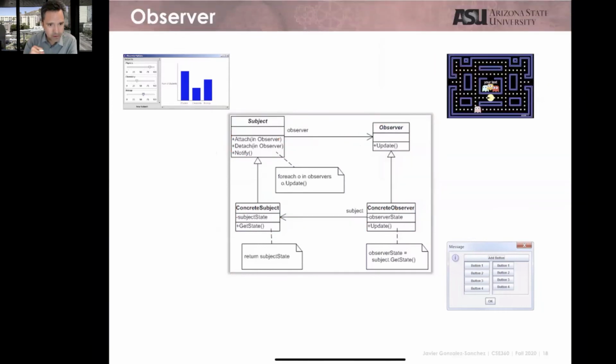How does that happen? Well, very easy. Number one, this one is the subject in terms of the pattern. The subject, as I mentioned before, is the one that has the information, the Pac-Man. And that one is going to inherit from a parent class, remember? If you are using Java, this parent class for the observer pattern is going to have a particular name.